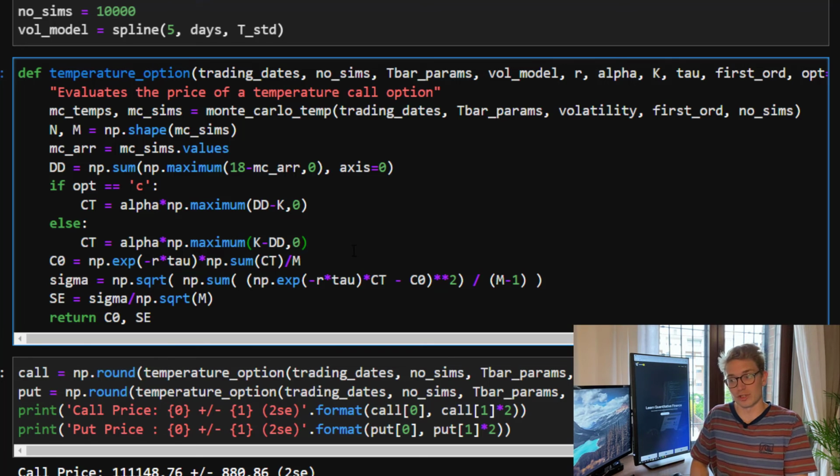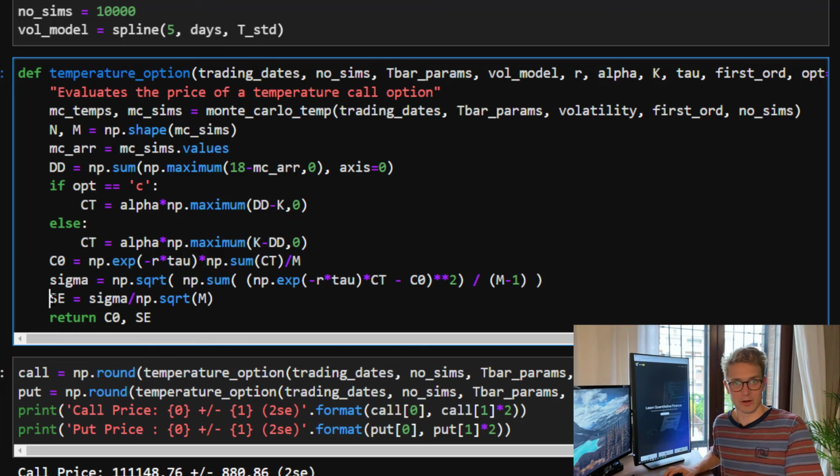Out of interest, I'm going to return the standard error for our Monte Carlo simulation because I'm interested in that. I'm just going to apply the formula: the square root of the sum of the differences between the discounted payoffs and our actual expected value, our temperature option price, all squared. Then I divide through by m minus 1.